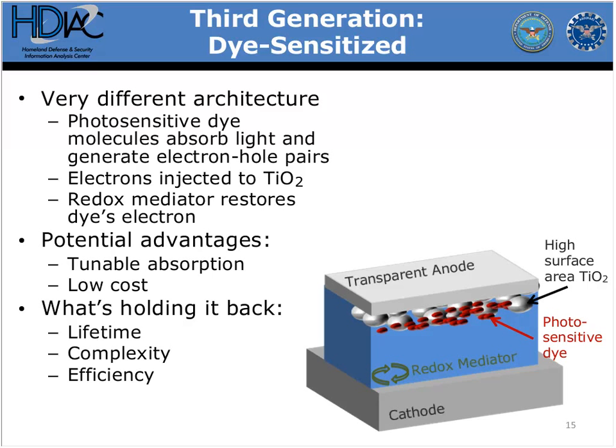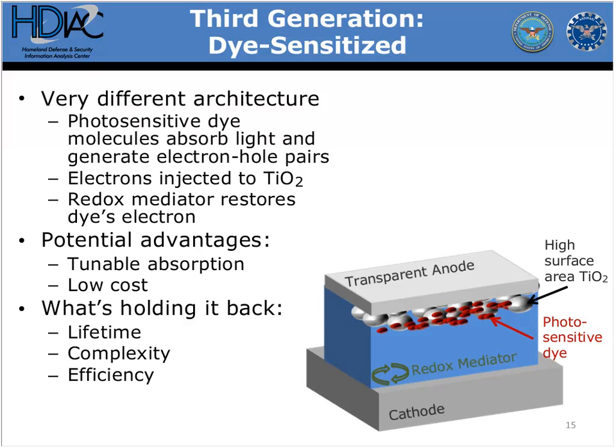and these photosensitive ruthenium-based molecules absorb light and generate electron hole couples, which in the parlance of dye sensitized are called excitons, loosely bound electron hole pairs. The electrons from these couples are injected into the titanium dioxide, which is very high surface area to be close to the photosensitive dye.